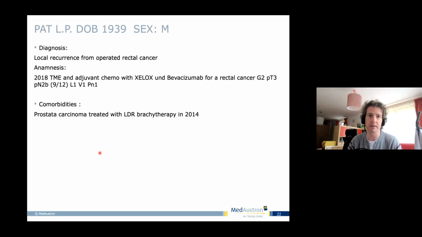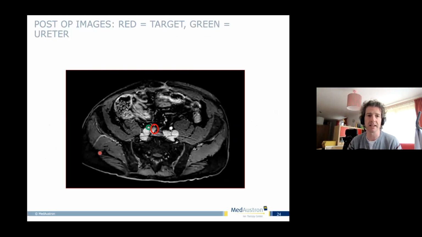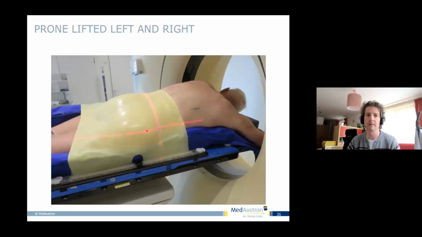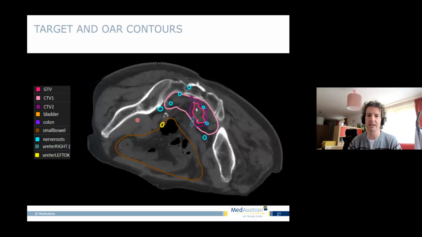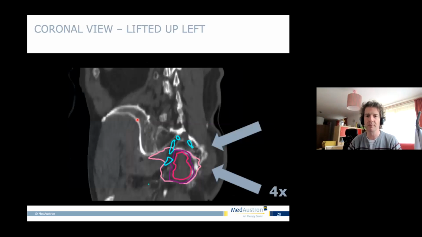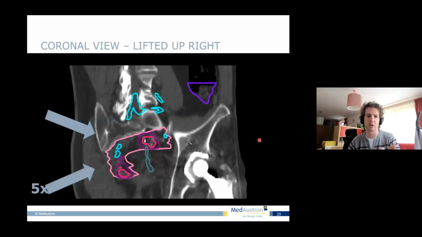For that reason, I show you this example of a re-irradiation scenario of rectal cancer where we have close proximity of the tumor to organs at risk like the ureter. We immobilize the patient twice. That means once the patient is supine, prone position and lifted up on the left, and lifted up on the right. By that we can mimic a gantry approach coming from different directions. This is the CT lifted to the left, this is the CT lifted to the right.